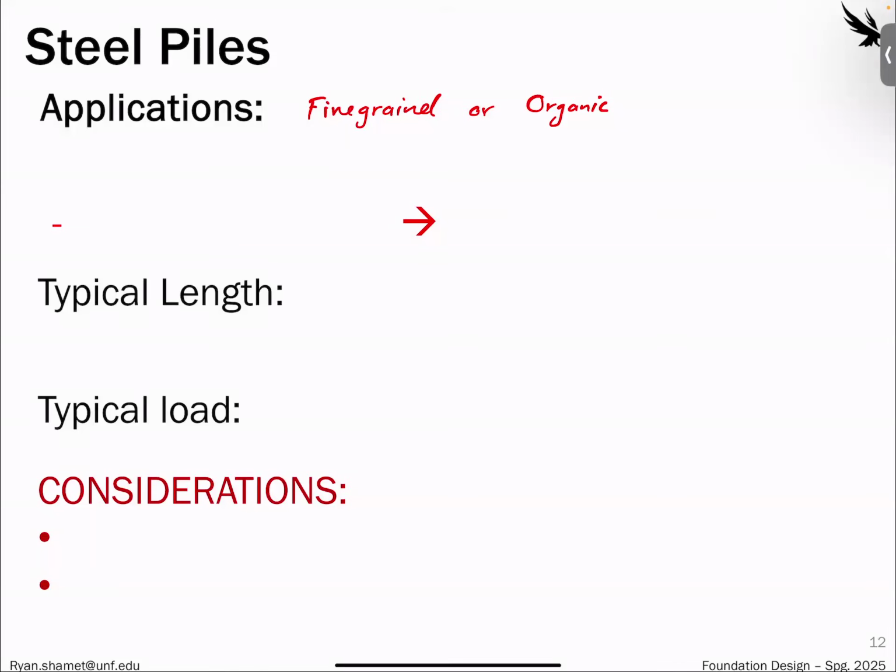So in areas of Florida where you have just like thick lake beds and everything with organic soils, that's fine. But in other areas where you have like glacial deposits, where you could just have a bunch of clay and then boom, a 20-foot thick boulder just randomly like underground, these piles would not be as applicable, because you're driving through nice stuff and then you hit that boulder and it breaks the pile and you just lost a bunch of money in a day's work.